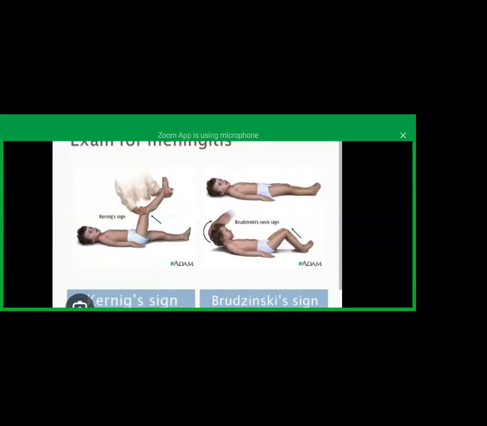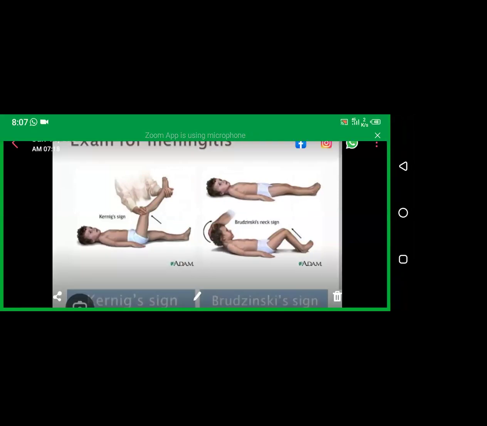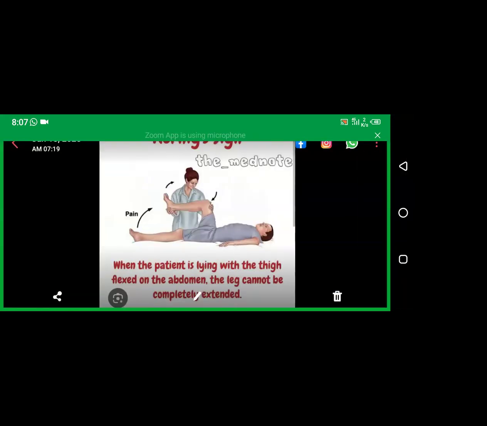So after Brzezinski sign, we now have the Koenig sign. So what do we do in Koenig sign and how do we do it? Look at this image.